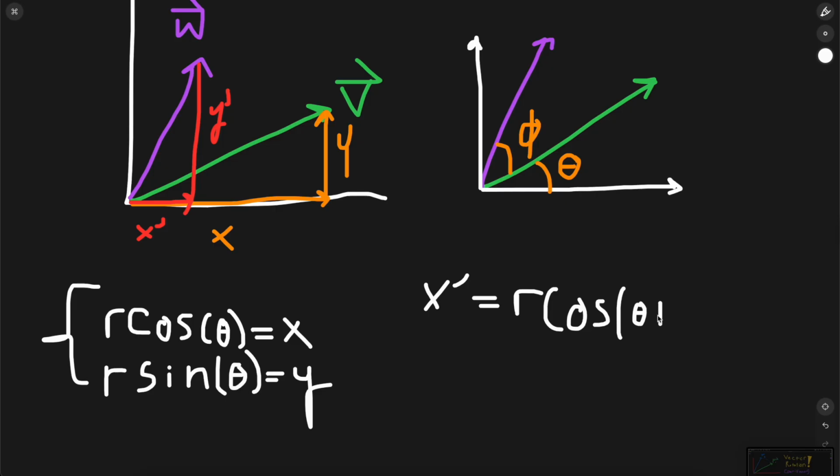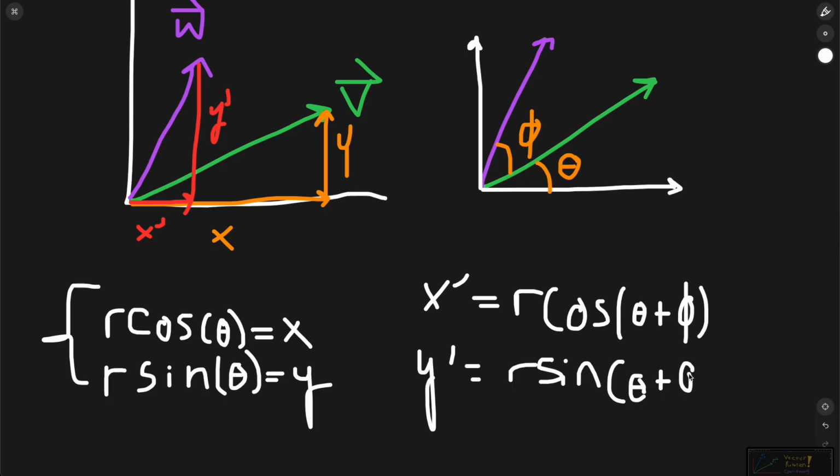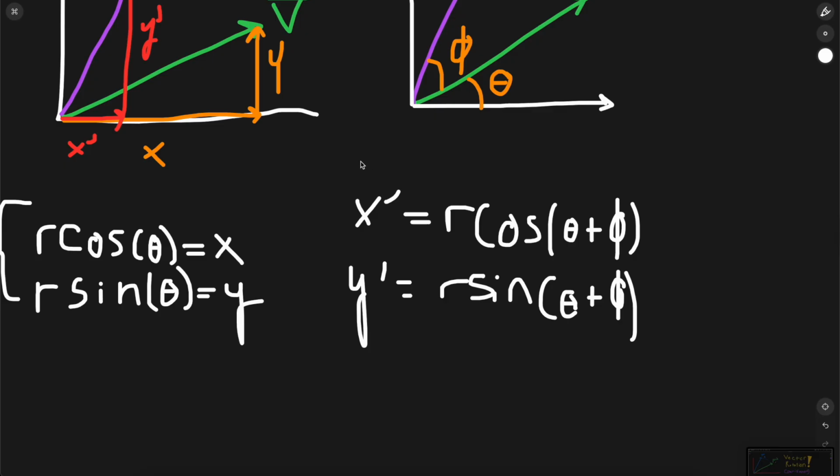It's theta plus phi, right? It swept out an angle of phi. And with y prime, again, very similarly, our sine of theta plus phi. All right? So we know this to be true as well.